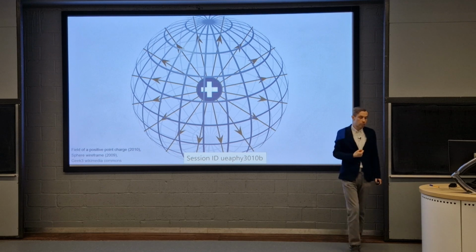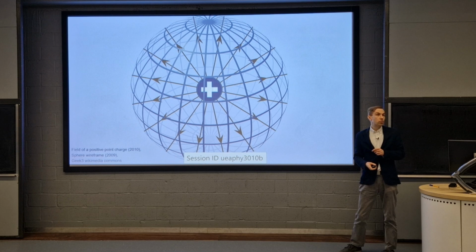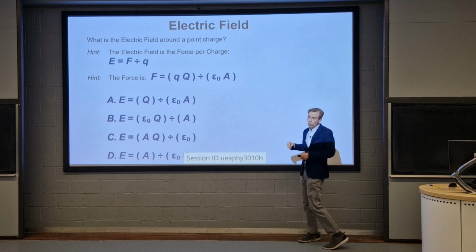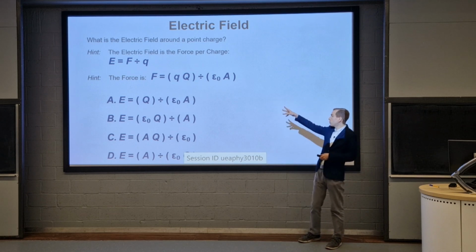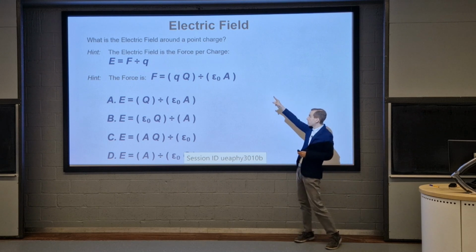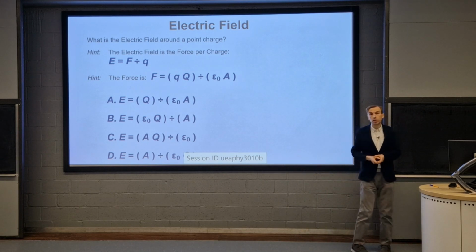So let's see how this applies for our point charge, how we can describe the electric field in terms of the area. If we go back to our force equation, I've just written the force equation there, so force is equal to QQ divided by, but instead of 4 pi r squared epsilon naught, I've just written area times epsilon naught, where that area is the surface area of a sphere.